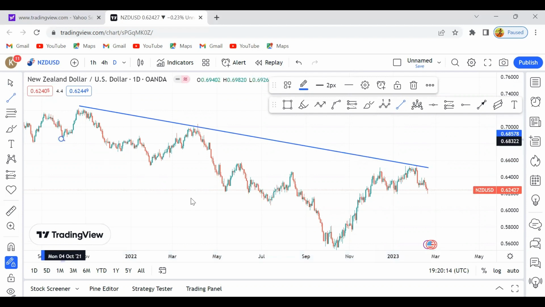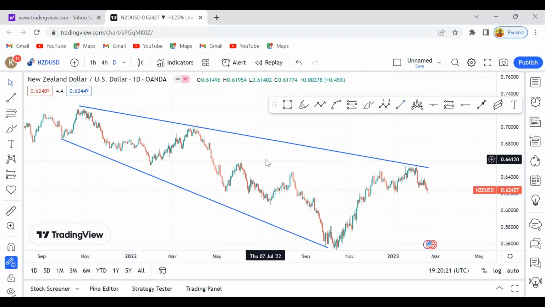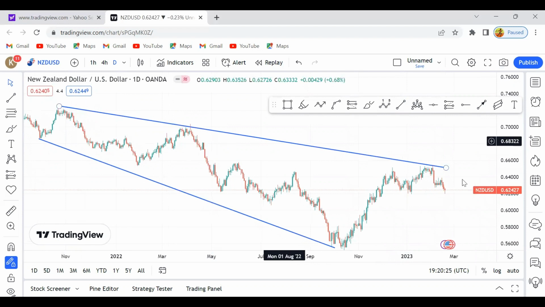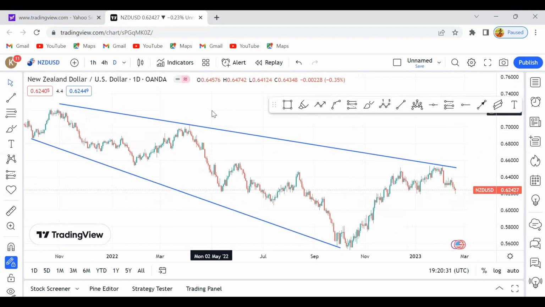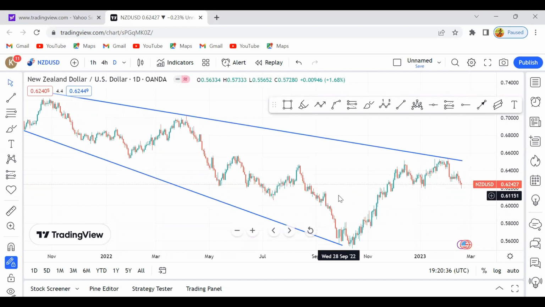Now remember that a bearish or diagonal resistance trend line has to have a diagonal supporting trend line. So since we have this type of market structure, we can now say that we're looking for bearish movements, bearish momentum, or rather bearish trades.